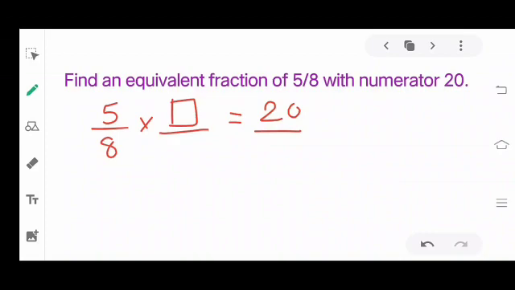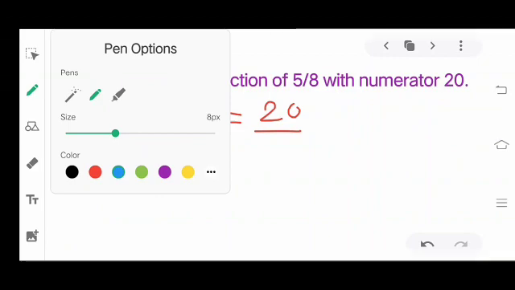Same, I am going to give you another sum. Find an equivalent fraction of 5/8 with numerator 20. That means the question tells us it wants the numerator to be 20. Now I have to understand that 5 I have to multiply with which number so that I get my answer 20.